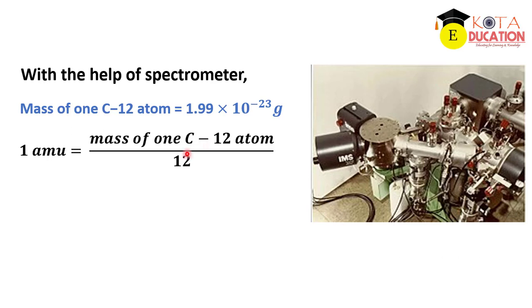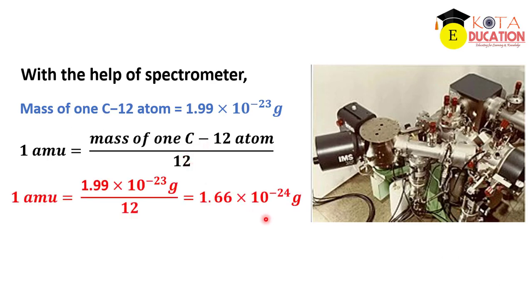Hence 1 atomic mass unit, or 1 AMU, is 1.99 × 10^-23 gram divided by 12. So 1 AMU becomes equal to 1.66 × 10^-24 grams.